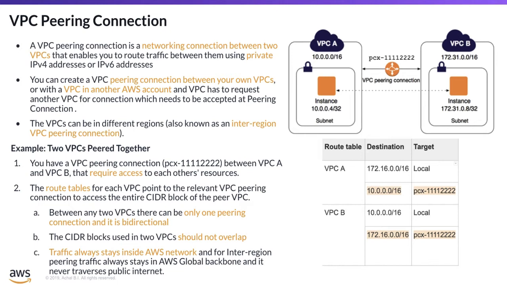Otherwise, if the VPC is part of a different account, then the account holder has to accept the peering connection.